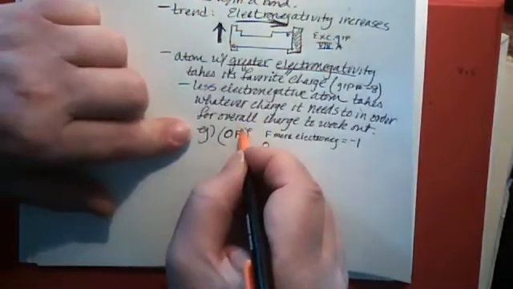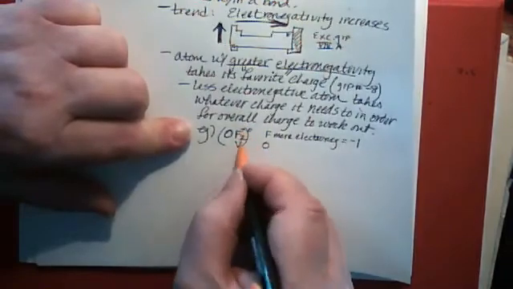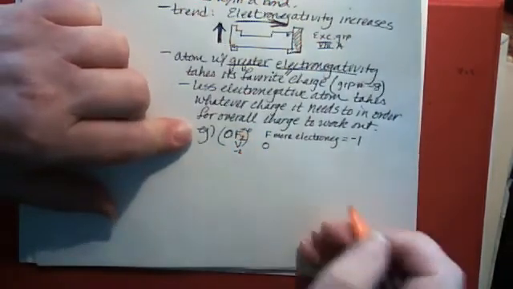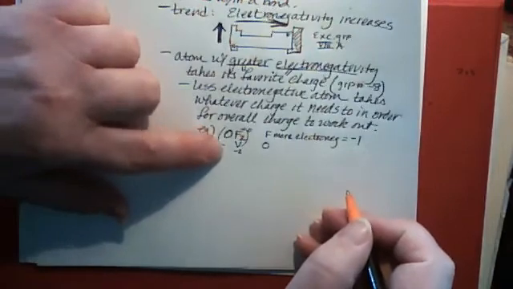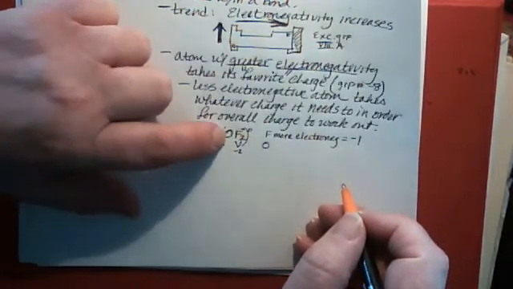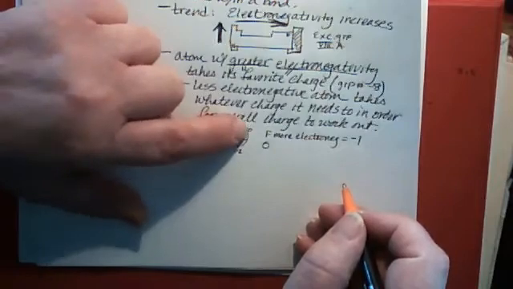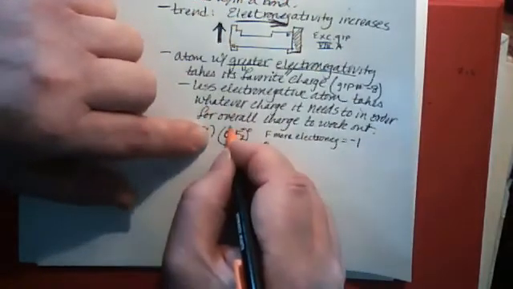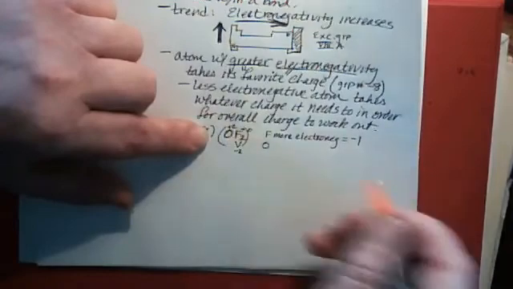And if each fluorine is -1, and there are 2 of them, that would mean that the fluorines together have to be -2. And there is a single oxygen to bring that total charge back up to 0. So the oxygen must be +2.